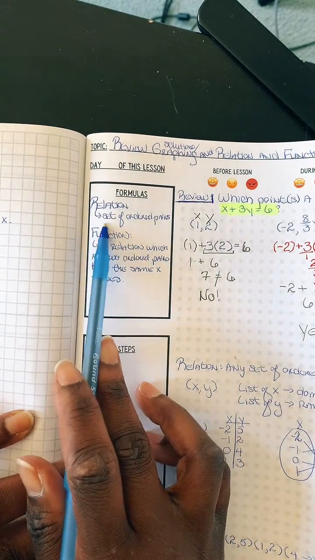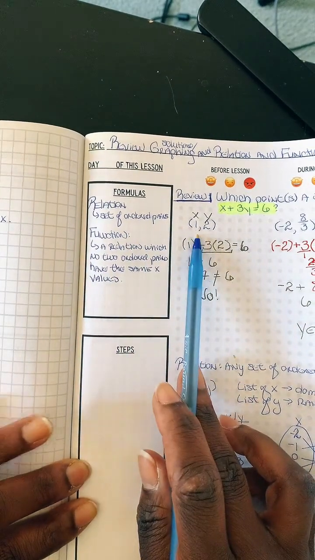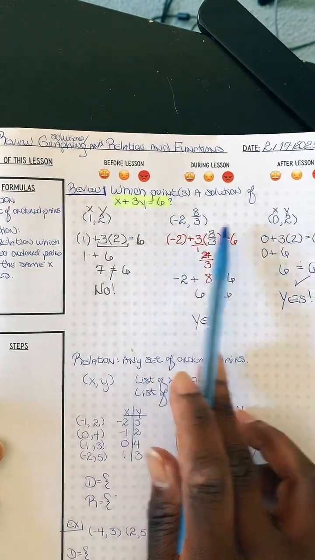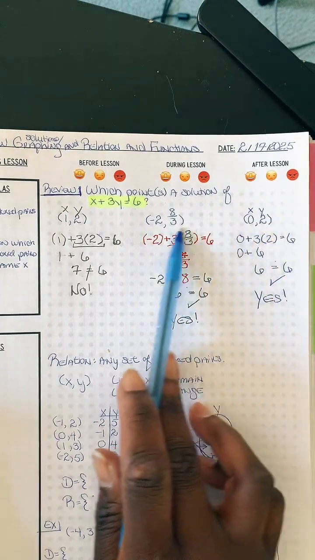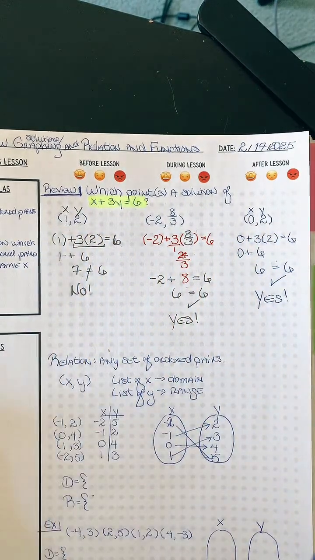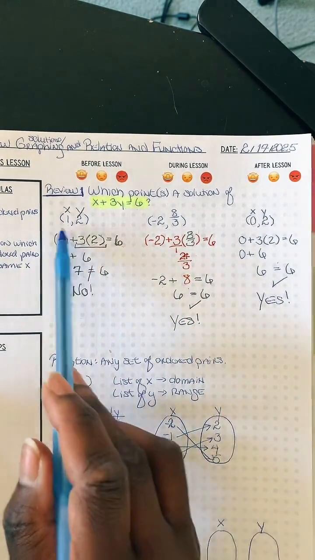So a relation is a set of ordered pairs. The ordered pairs are what I have written here: (1, 2), (-2, 8/3), (0, 2). Those are ordered pairs because they use your x and your y values. Now, in order to get a relation, you just get a group of them.